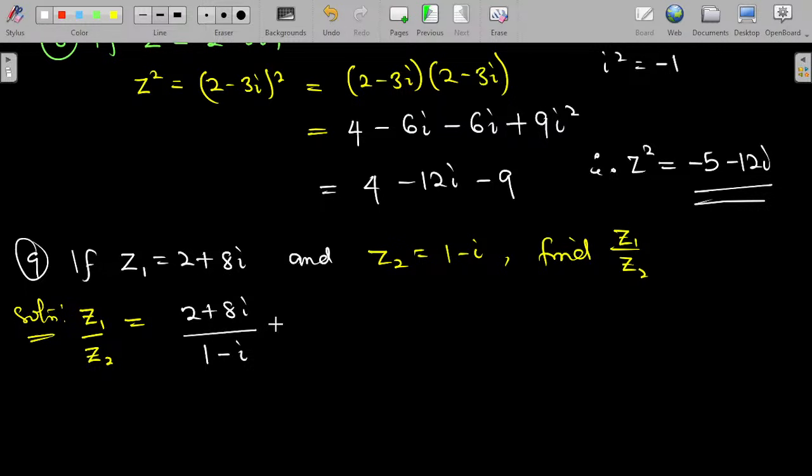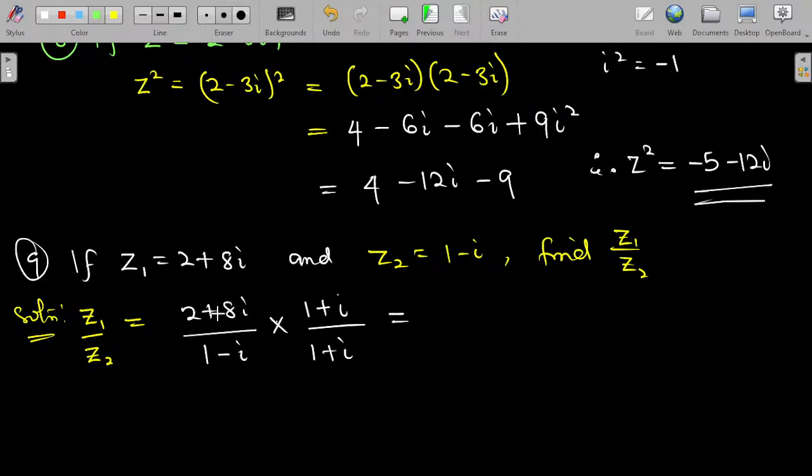So I would look for a way to get the conjugate, and the conjugate of any complex number is just to change the sign here to the opposite sign. So the conjugate of the denominator is 1 plus i. So I will use it to multiply both numerator and denominator. So see what we are going to have.